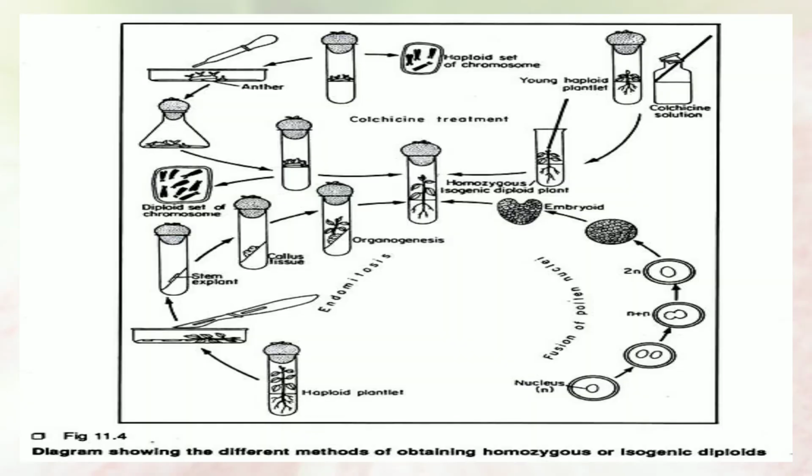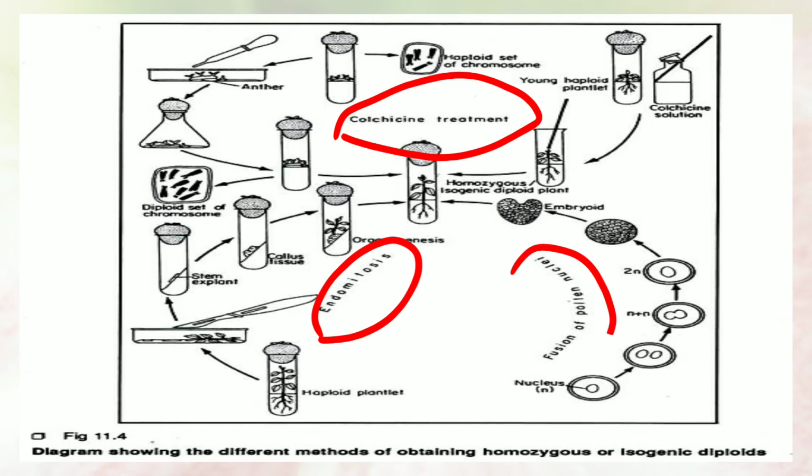These are the different methods discussed before. First is the colchicine treatment, then endomitosis, and the third one is the fusion of pollen nuclei. In colchicine treatment, first you collect the anthers and treat them with colchicine for 24 to 48 hours and then culture them in the culture medium.